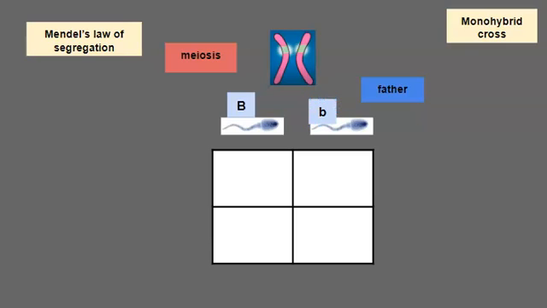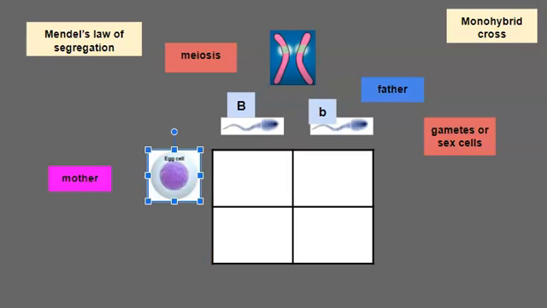I also want to refresh you on the fact that we call these sex cells or gametes, with the sperm from the father, or when we're talking the mother we usually put on the side of the Punnett square. And her possible alleles, remember these alleles are different versions of a gene that would come from a chromosome here.